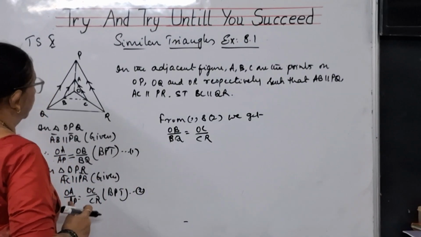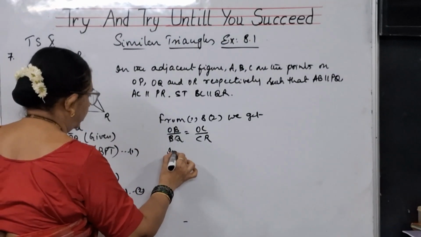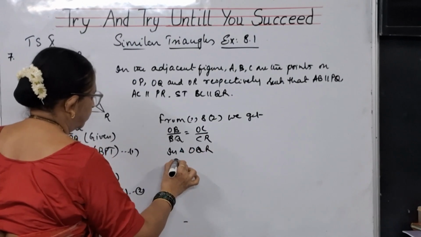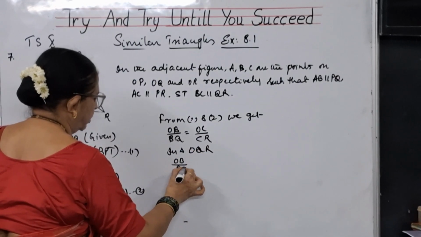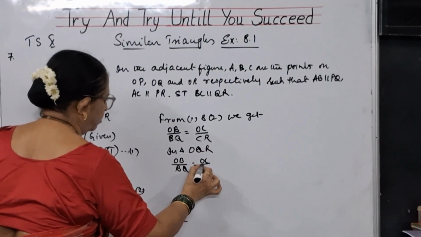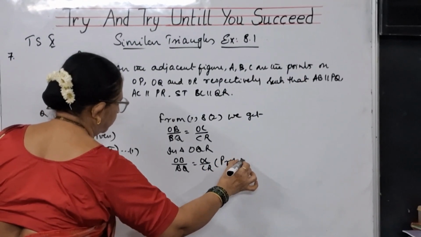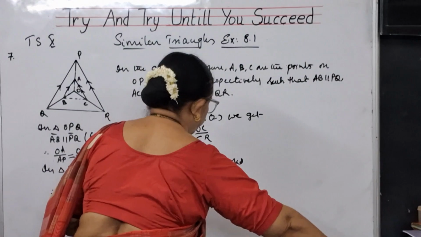So what have you got? If you take triangle OQR, OB by BQ is equal to OC by CR. We have proved it just now.